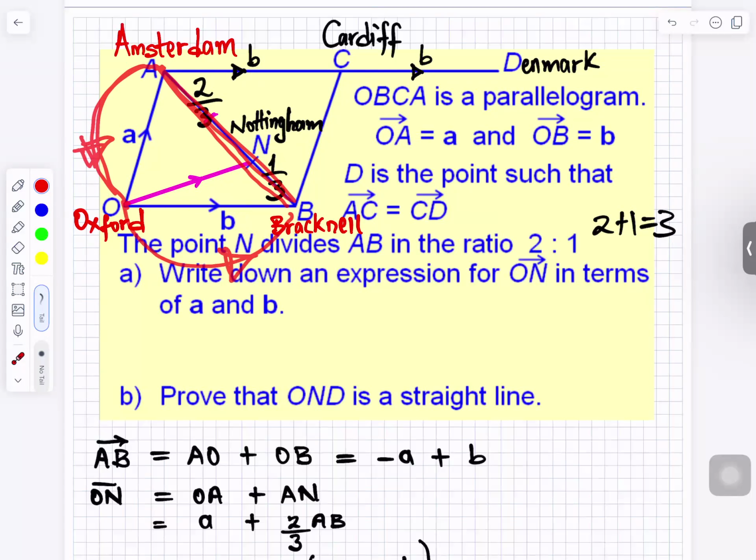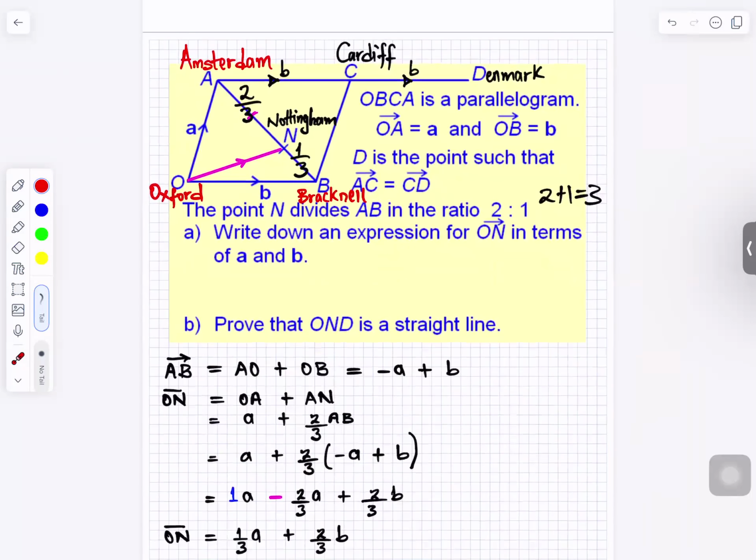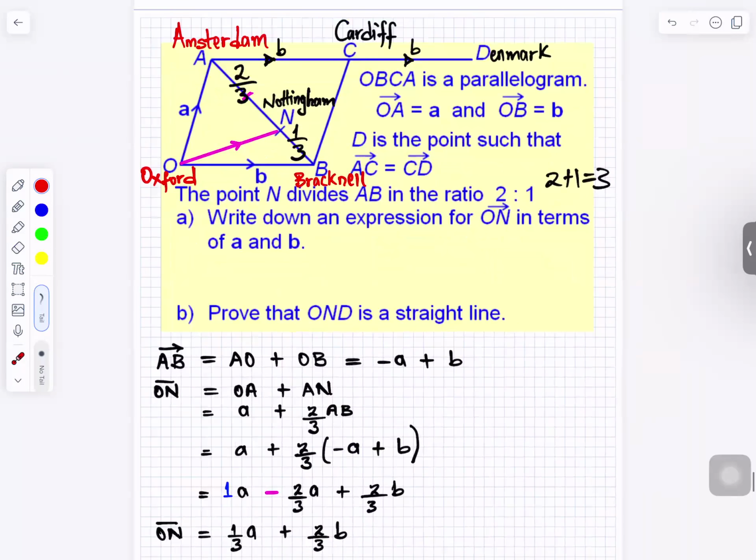You see the path. Because you're coming back from A, it's minus A and then plus B. And once you get that, the rest will be to simplify it.